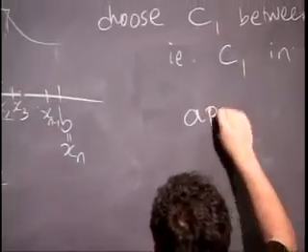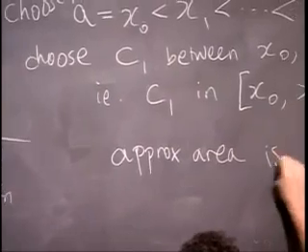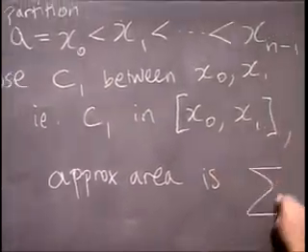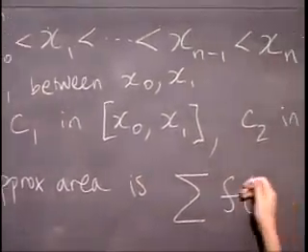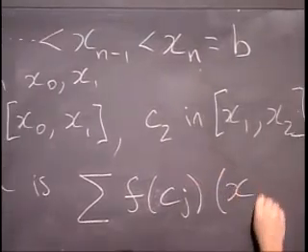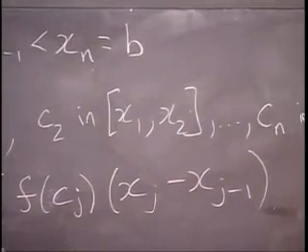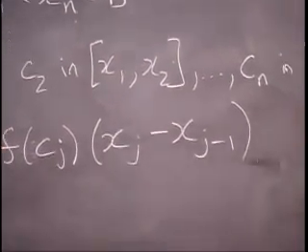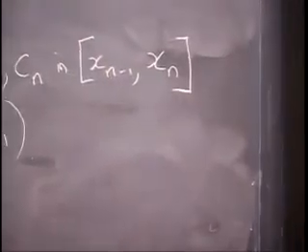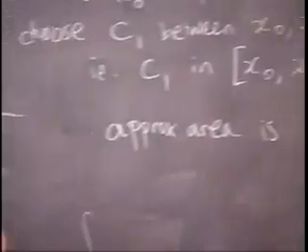And so what we've done then is approximate the heights, as I said, by f of C1, f of C2. And as we saw before, the approximate area is given by the sum, now it's f of C instead of v, and instead of t, I have x, from j equals 1 to n. And in fact, since the area is the integral, I may as well write it down as this formula here.